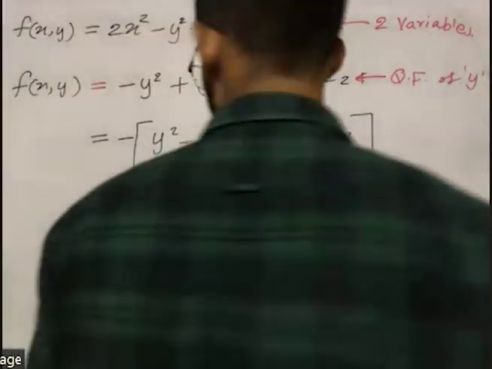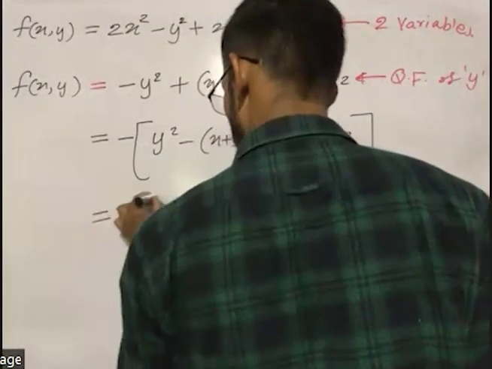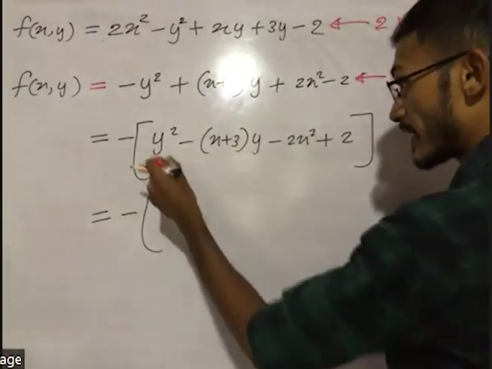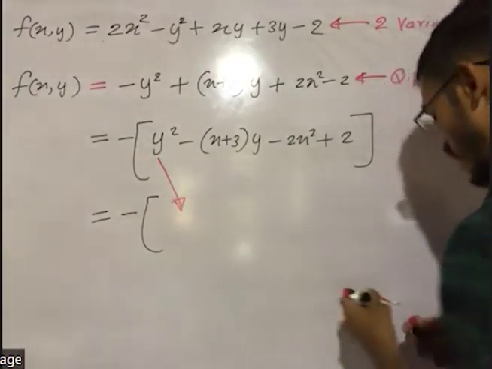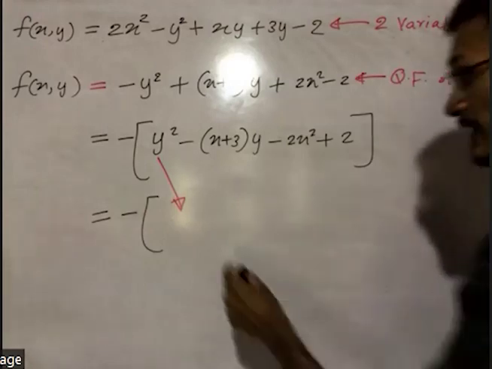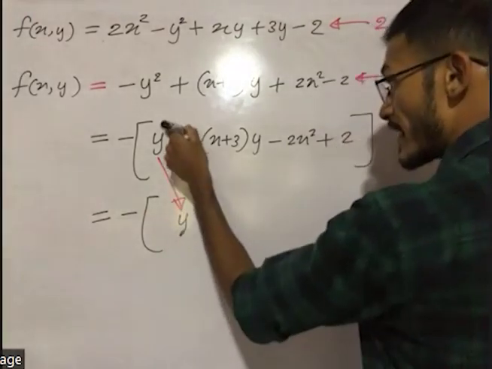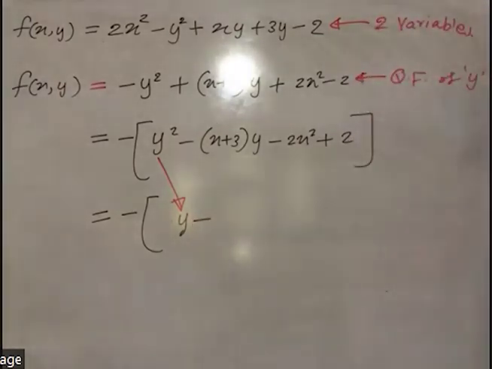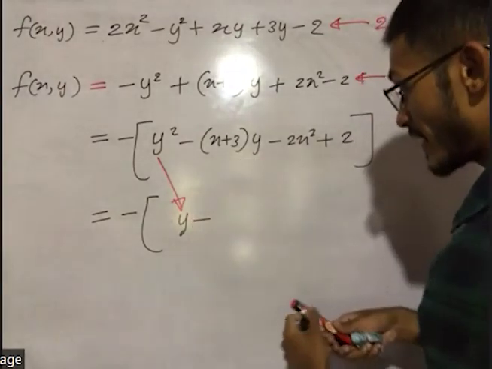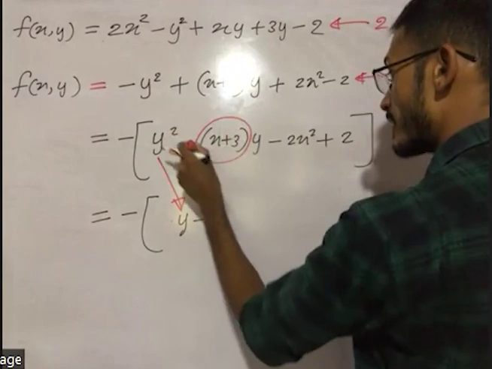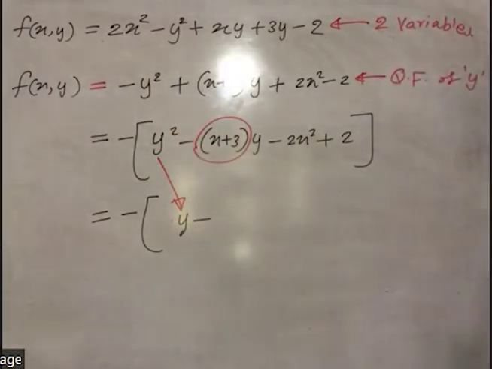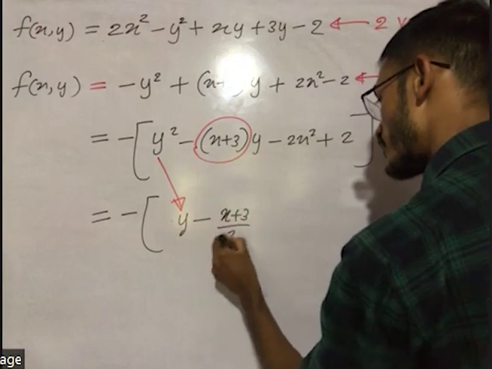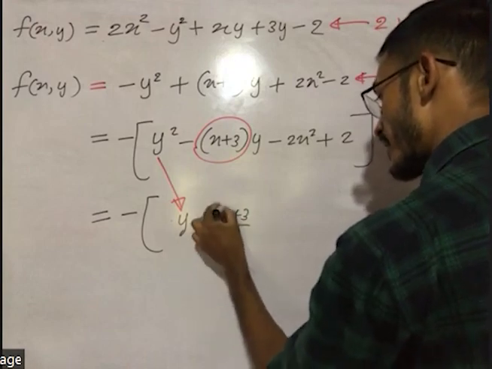Next step, we can use the completing square method. Minus, here we have y². Take the y term without the square. If there is a negative sign, write the negative sign; if there is a positive sign, write the positive sign. Then divide the coefficient of the y term by 2, then (x + 3)/2.